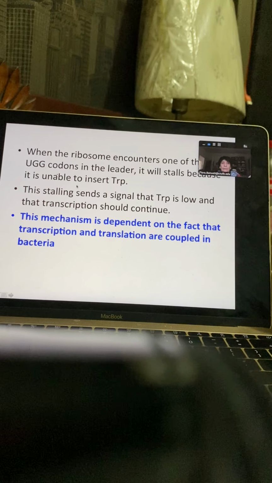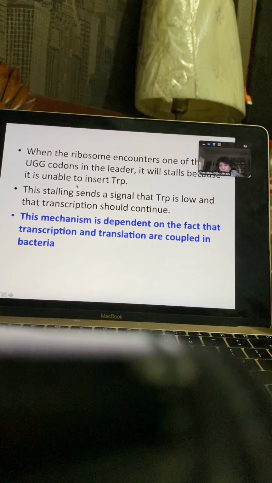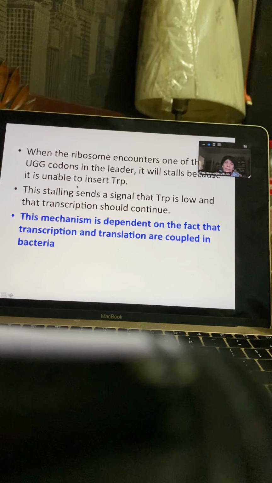Okay? So again, this is because transcription and translation are coupled in bacteria. As soon as you have the mRNA exiting the RNA polymerase, remember there is a channel for exiting, the ribosome immediately binds to the ribosome binding site on that message and starts translation.